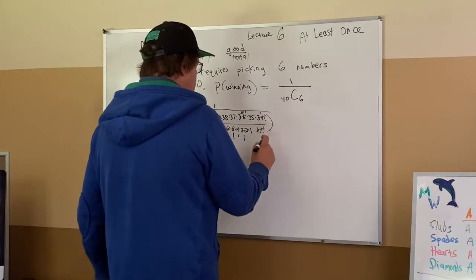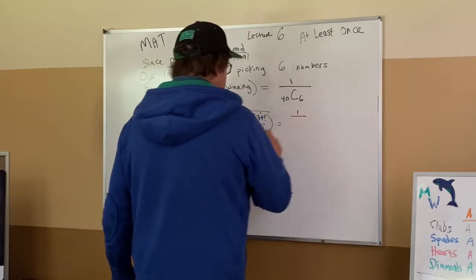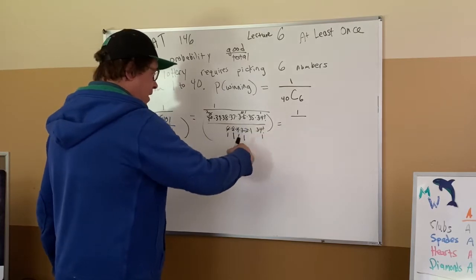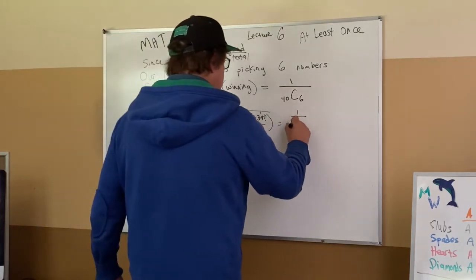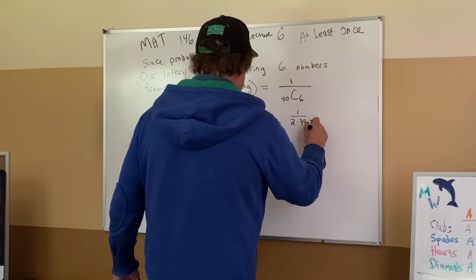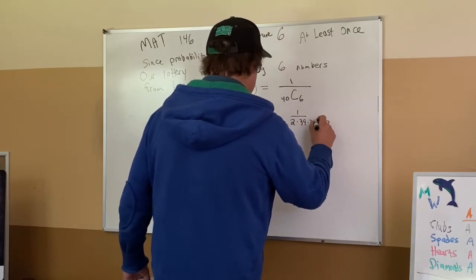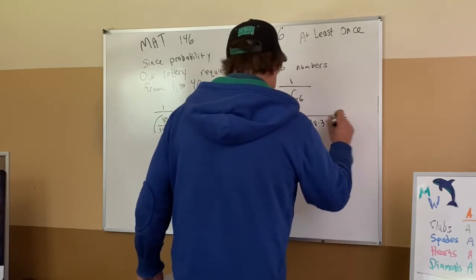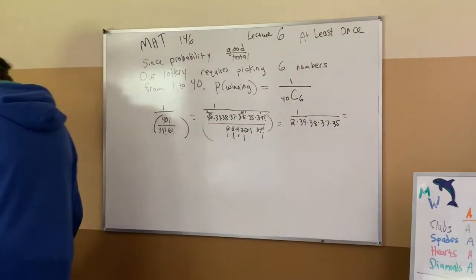What we have now is a 1 on top, and we don't have to worry about all these ones in the denominator, but we have 2 times 39 times 38 times 37, 36 is gone to 1, times 35 equals. So that's what it worked out to.